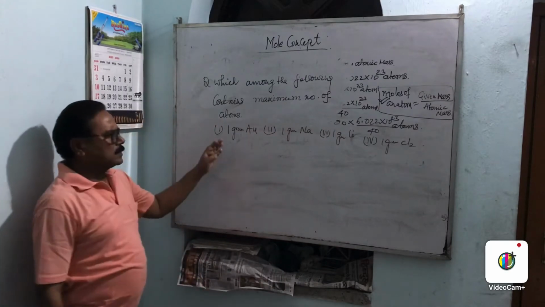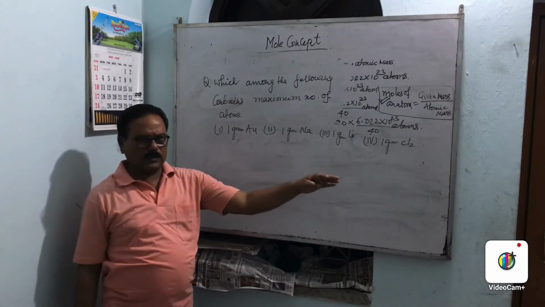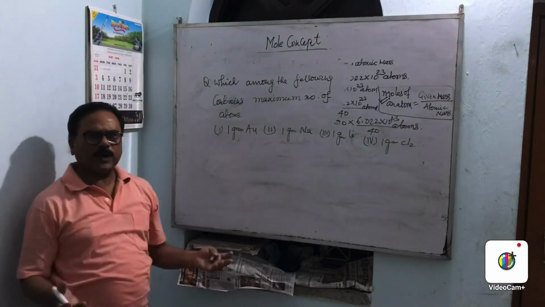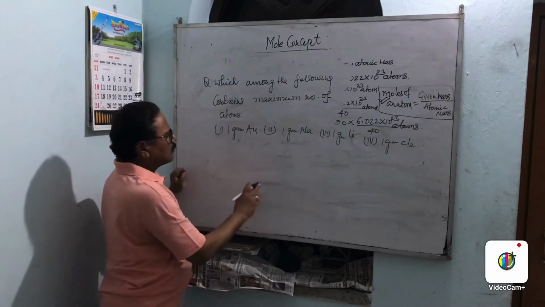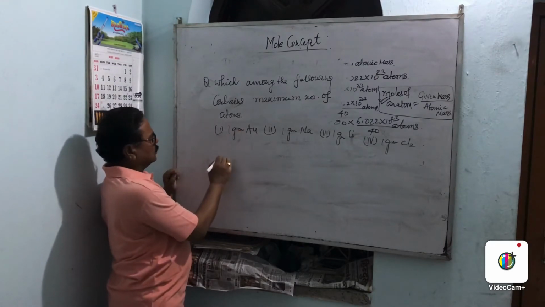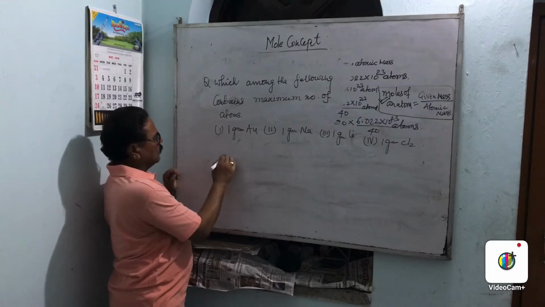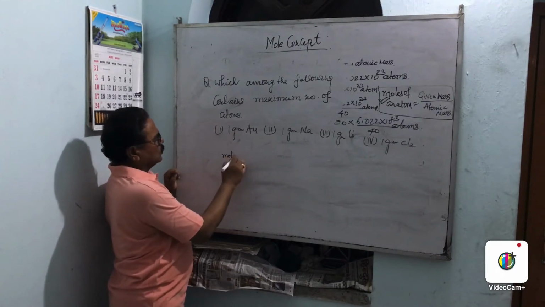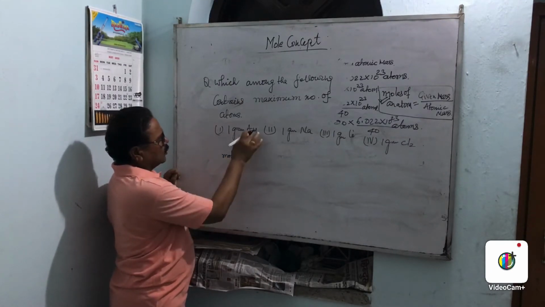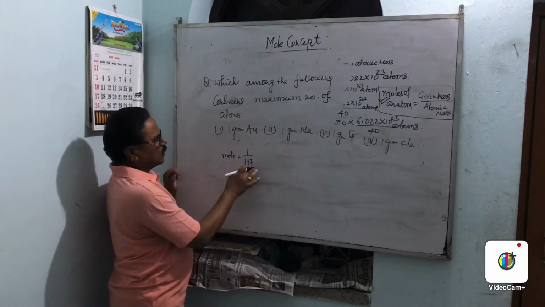So this is a multiple choice type of question, and there is no need to solve these questions fully. How you will solve this is just a simple trick. You calculate the moles. Mole is equal to 1 gram by atomic weight.